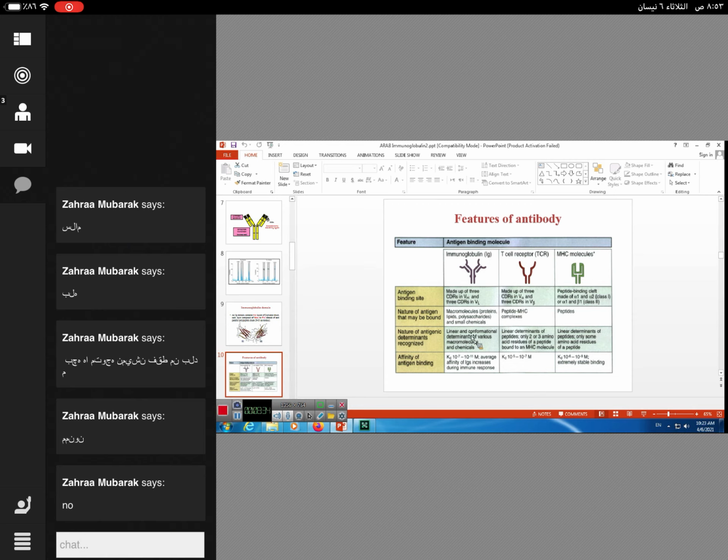Antibody binds to linear and conformational determinants, while TCR and MHC only bind to linear determinants. And we can see affinity maturation for antibody or immunoglobulin, while there is no affinity maturation for TCR and MHC molecules.